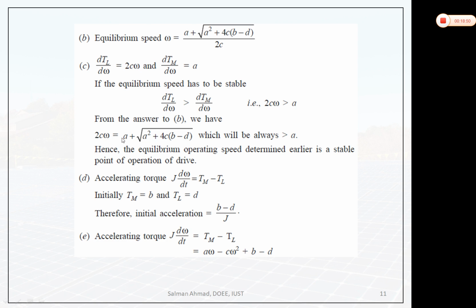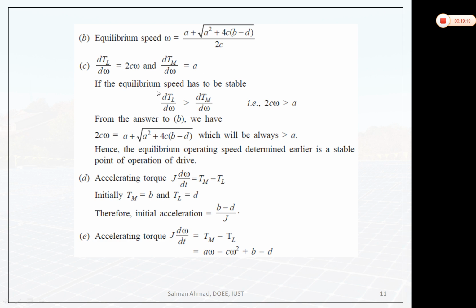You can see 2c omega is always greater than a, because we are adding some positive number to a, that means it will be greater than a. Hence the equilibrium operating speed is a stable point.